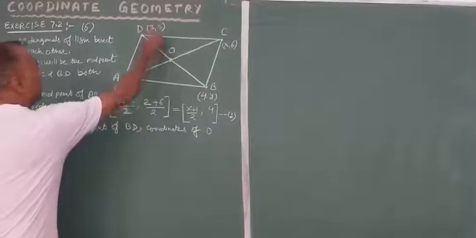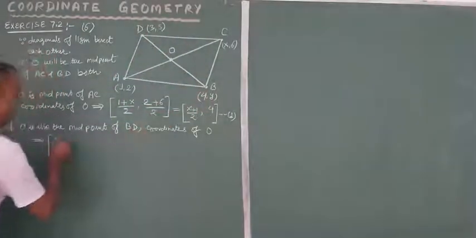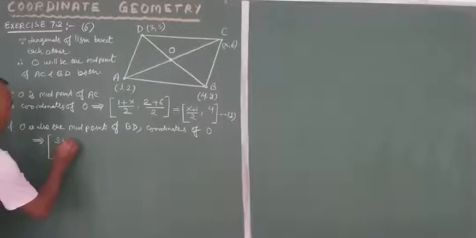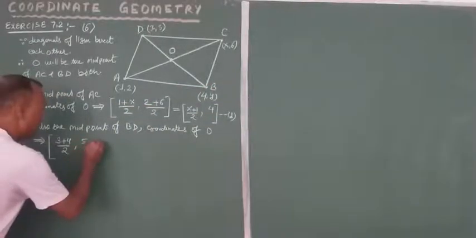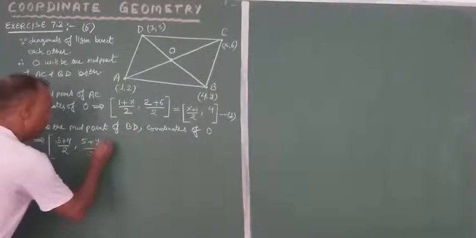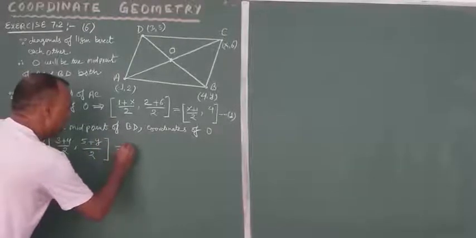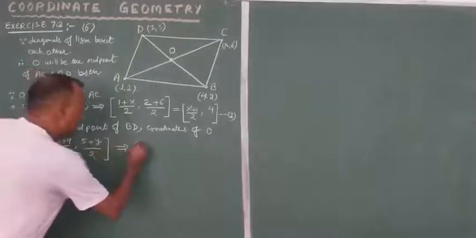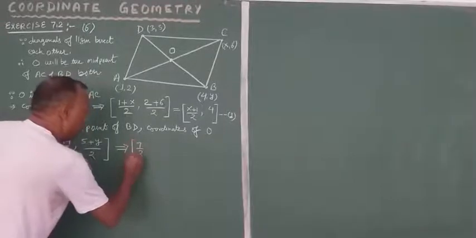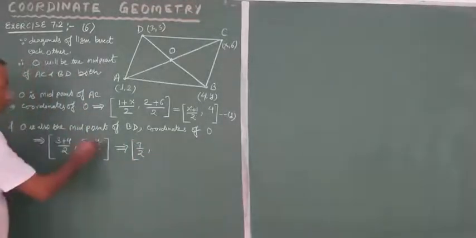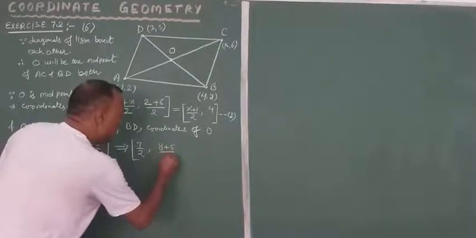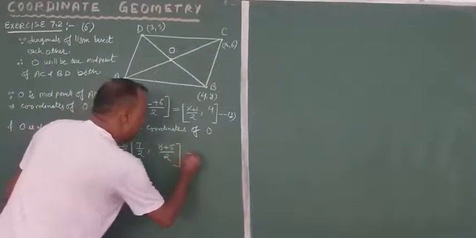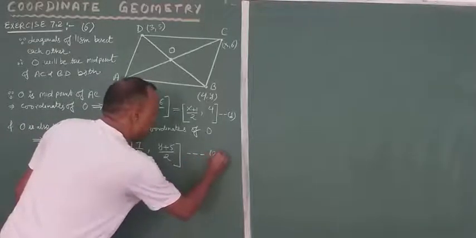So this is (3 plus 4) upon 2 and (y1 plus y2) upon 2, (5 plus y) upon 2. This can be written as 7 upon 2, comma (y plus 5) upon 2, and this is equation second.